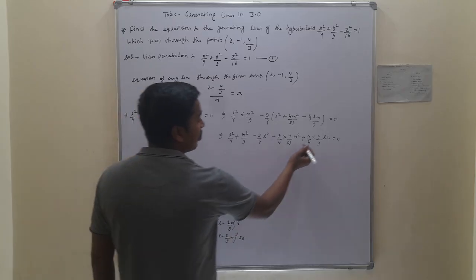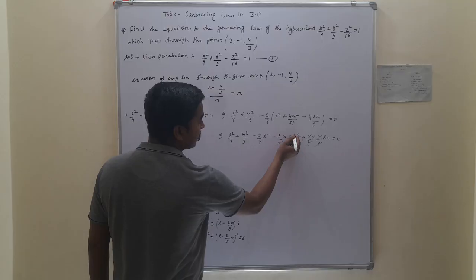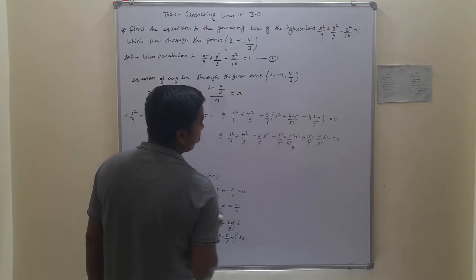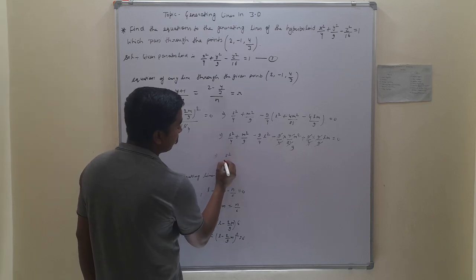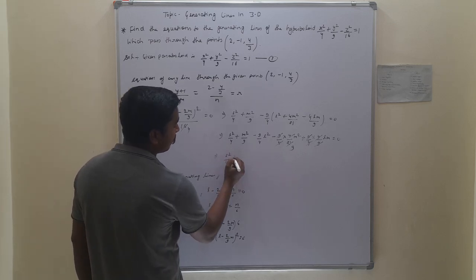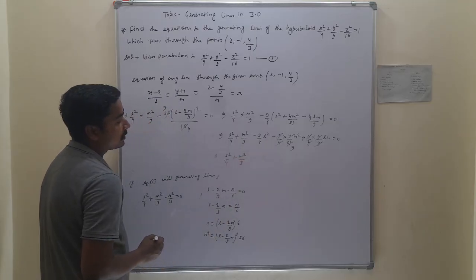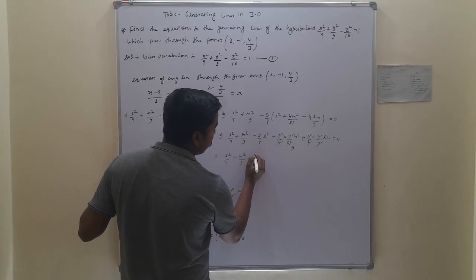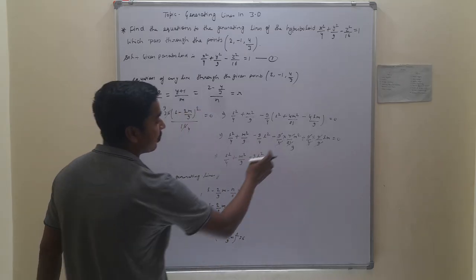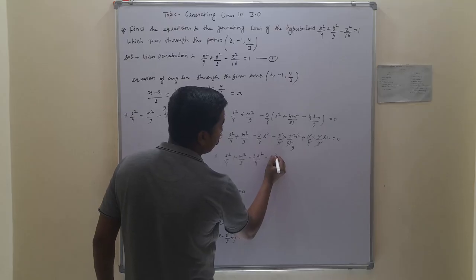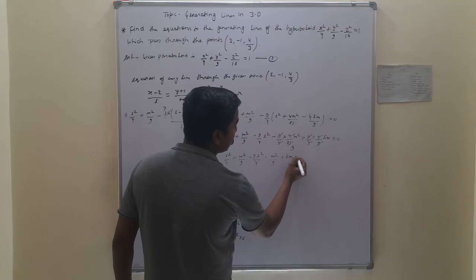From here 4 to 4 cancel out, 9 to 9 cancel out, and 9 9s are 81, and the remaining is l square by 4 plus m square by 9, minus 9 l square by 4, and from here we write minus m square by 9 and plus lm is equal to 0.